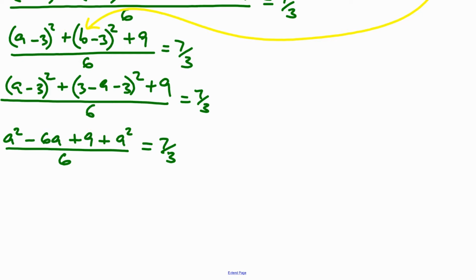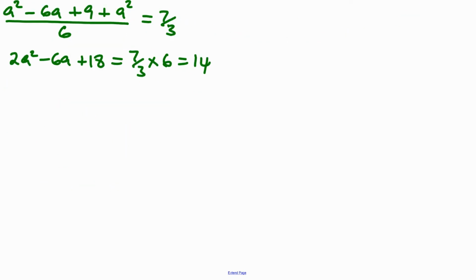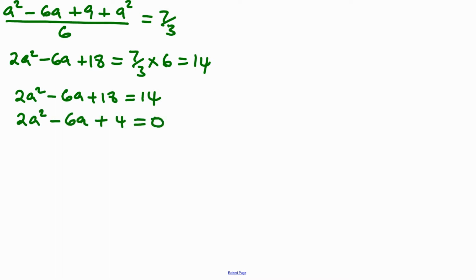And if you simplify that numerator, we shall end up with 2A squared minus 6A plus 18 will be equal to 7 over 3 multiplied by 6, which will be equal to 14. So what we end up with is a simpler quadratic equation, which is 2A squared minus 6A plus 18 equals 14, which can be simplified as 2A squared minus 6A plus 4 equals 0.